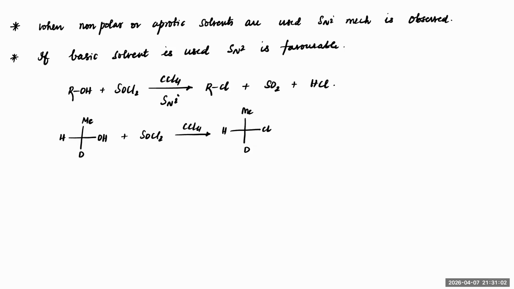So through SNi, if this configuration is dextro, then this will also remain dextro. That means if this is R configured, this will remain R configured. So we say it is retention.